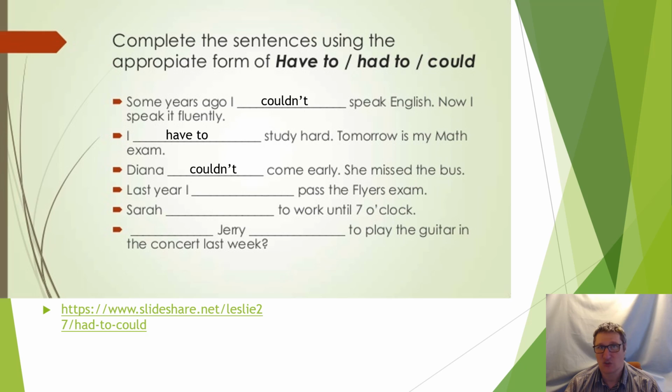Diana couldn't come early. She missed the bus. Poor old Diana. Last year I had to pass the flyers exam. Sarah has to work until 7 o'clock today. Notice that. Has to today, had to last year or yesterday.